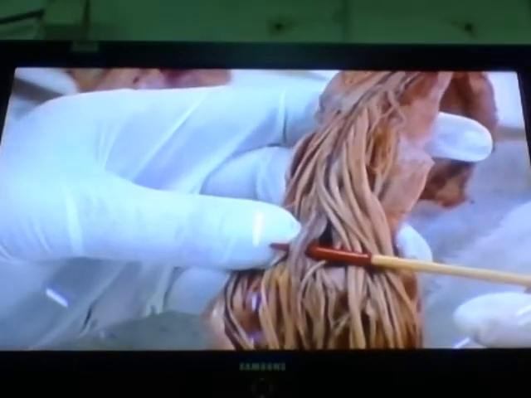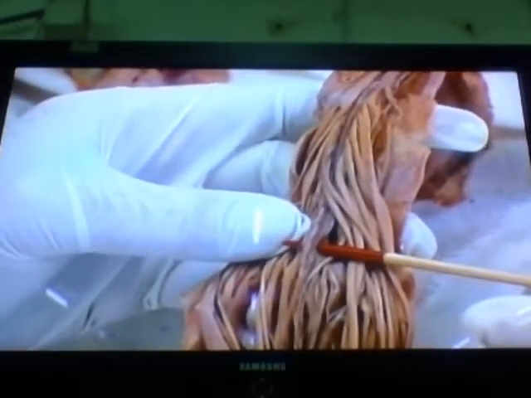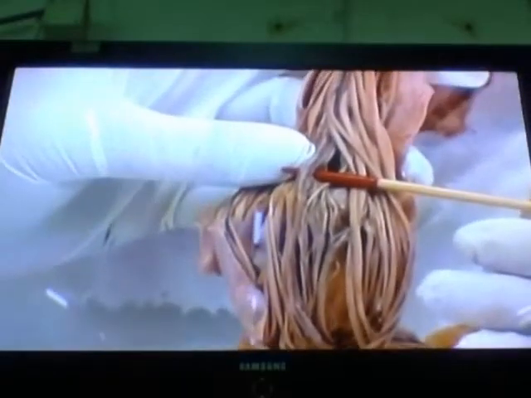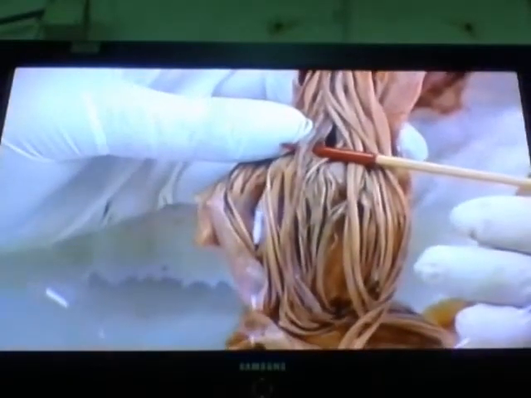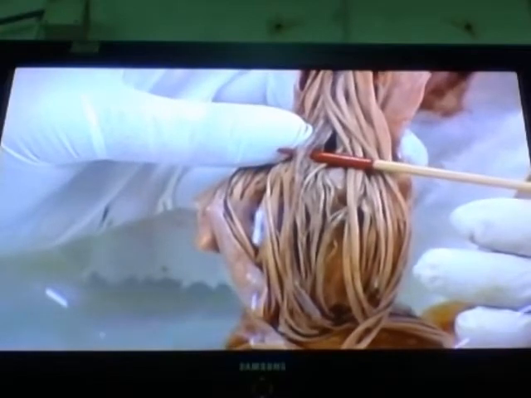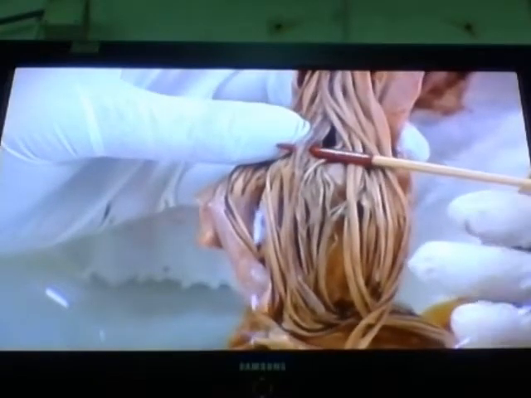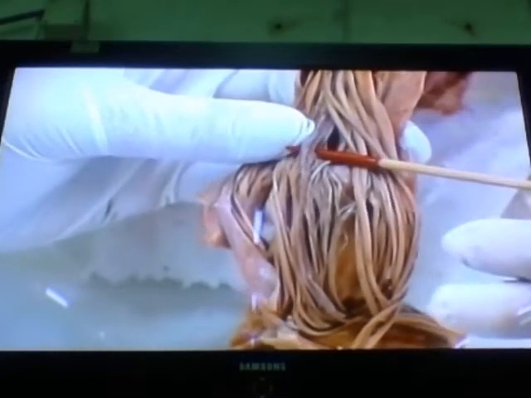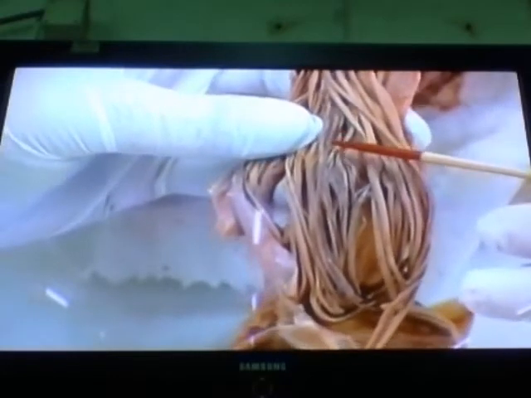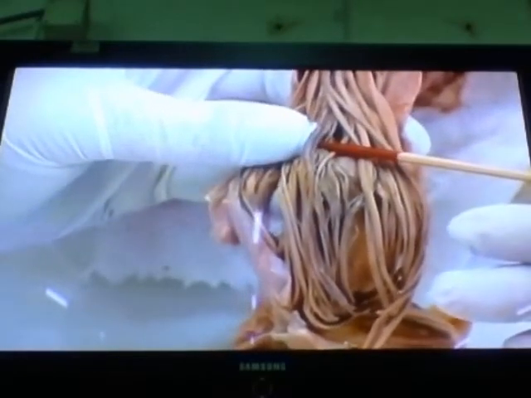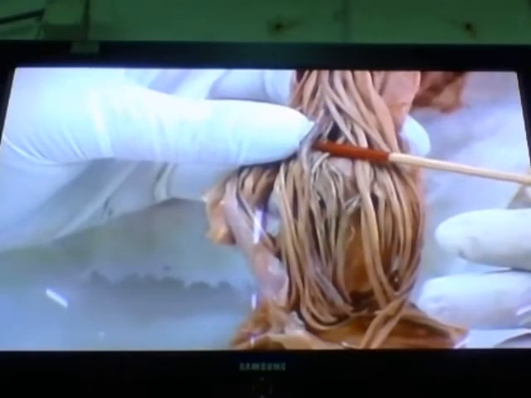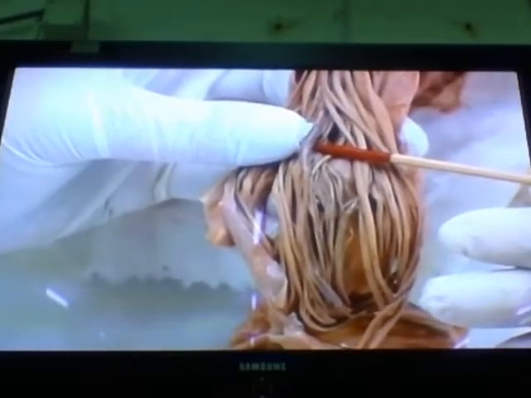In the child it's at L3, and in the old person, because of loss of water from the intervertebral disc, the vertebral canal collapses to a degree, and then it's back down to L3. So it starts at L3, goes to L1, and then in old age back to L3 again, usually.